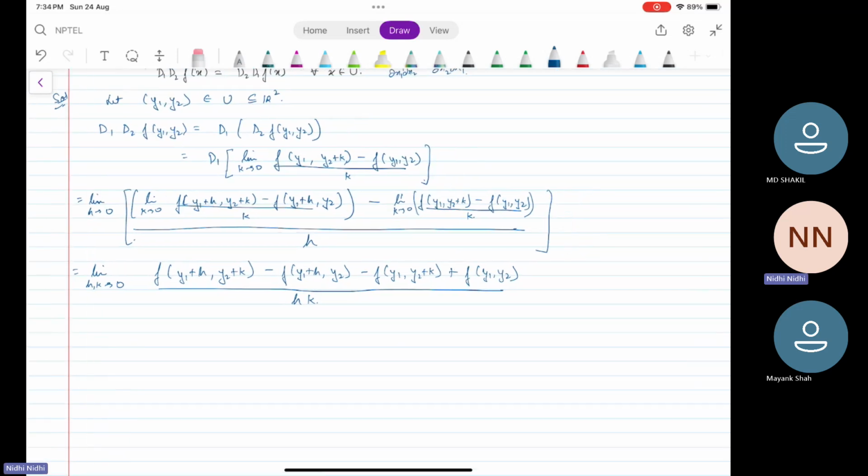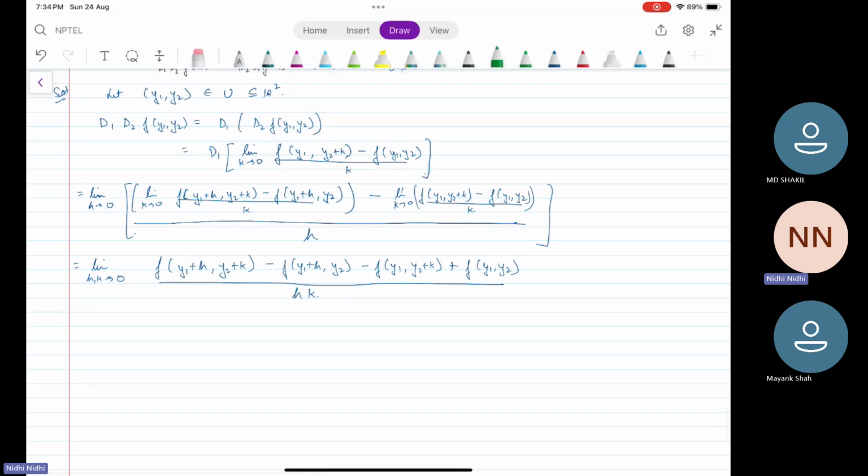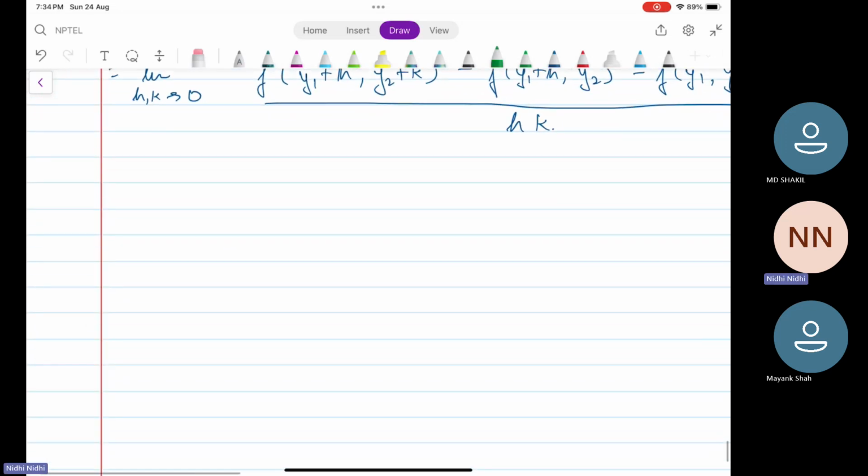For this again, we'll convert to a one variable problem. Let's mark this as 1. Define a function g(t) to be f(y1 plus h, t) minus f(y1, t).